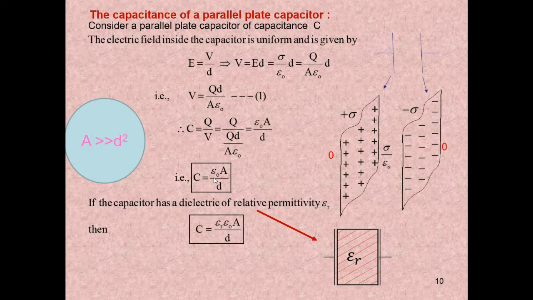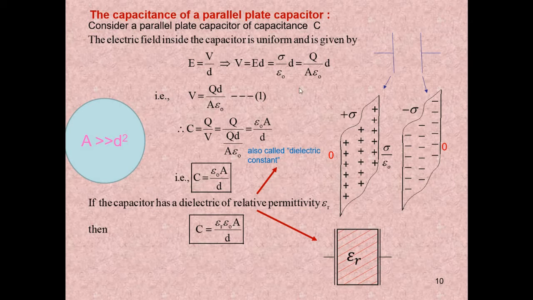Free space or air: epsilon naught A by D. The medium it contains, fully occupying the region: epsilon r epsilon naught A by D, where epsilon r is the relative permittivity of the medium. The other name of relative permittivity is dielectric constant. More properly it should be called relative permittivity, but more commonly we use dielectric constant.